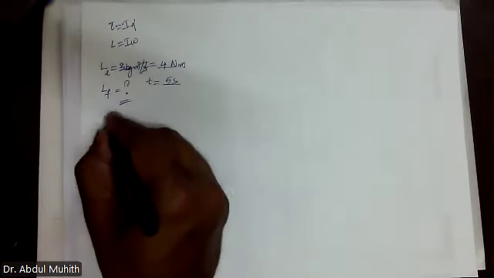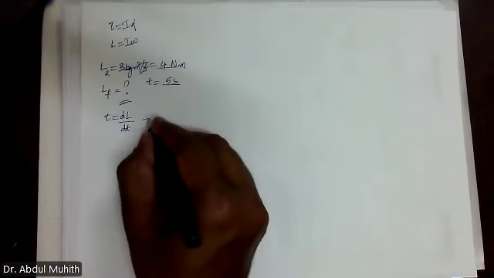First go to the textbook, find the relation, then substitute in that relation and you'll get the answer. Tau is equal to dL by dt.